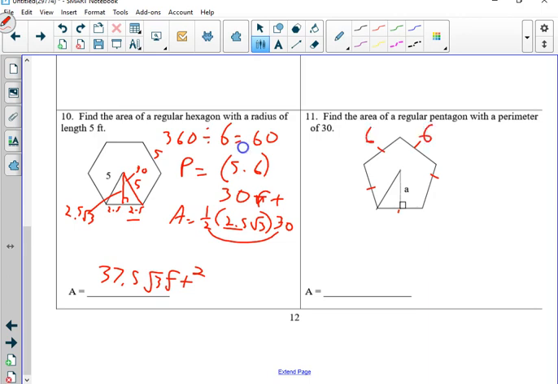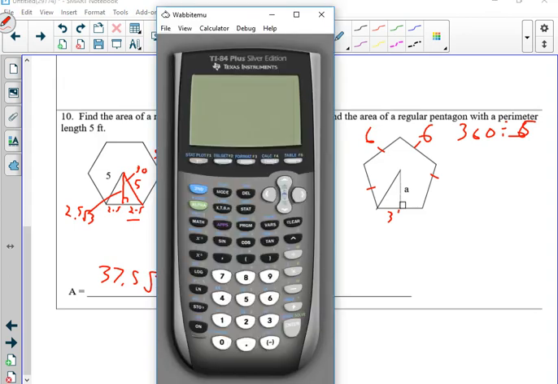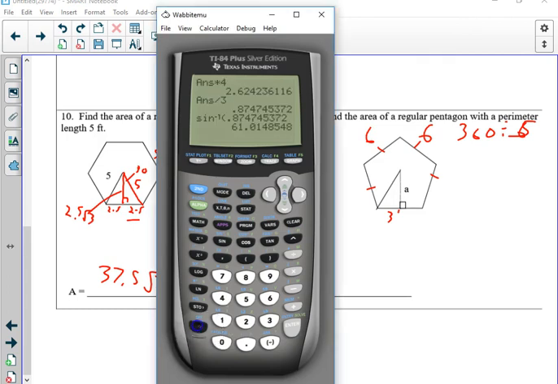So each side is 6, which makes this 3. 360 divided by 5 is 72.